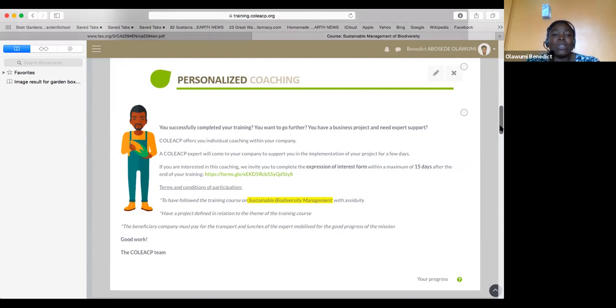If you need personalized coaching for your organization, since we belong to different horticultural farms, after going through this course you may feel that you need an expert to come to your farm and help you put what you have learned into practice. Perhaps you want to design where to put trees and grass. You need an expert from CP. This service is available with CP.